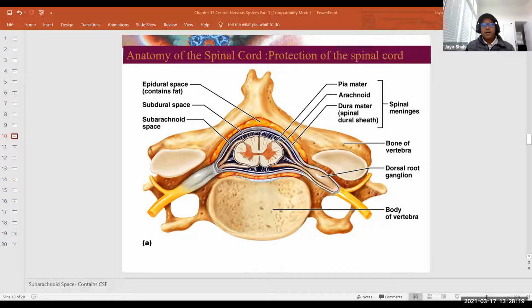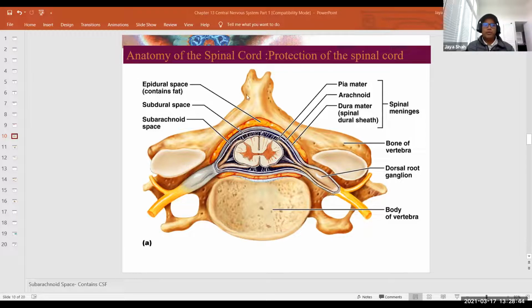Now, between these meninges there are spaces, and we call them different names. The space outside the dura mater is called the epidural space, and this space contains fat. The space between the dura mater and arachnoid mater is called the subdural space because it is under the dura mater.